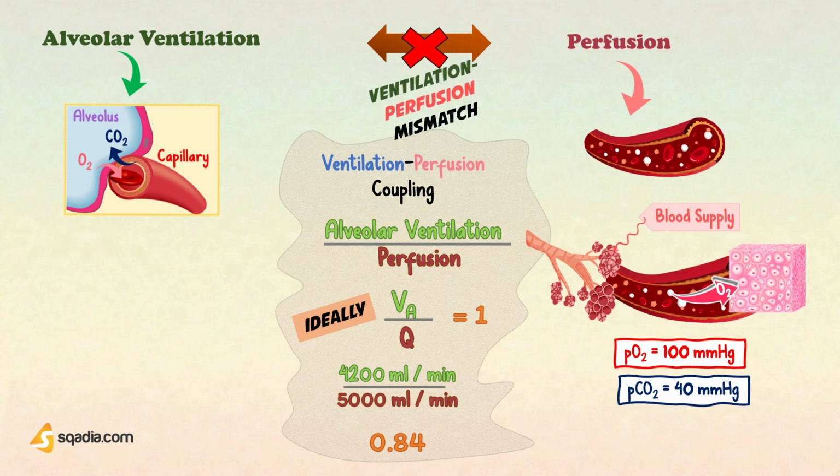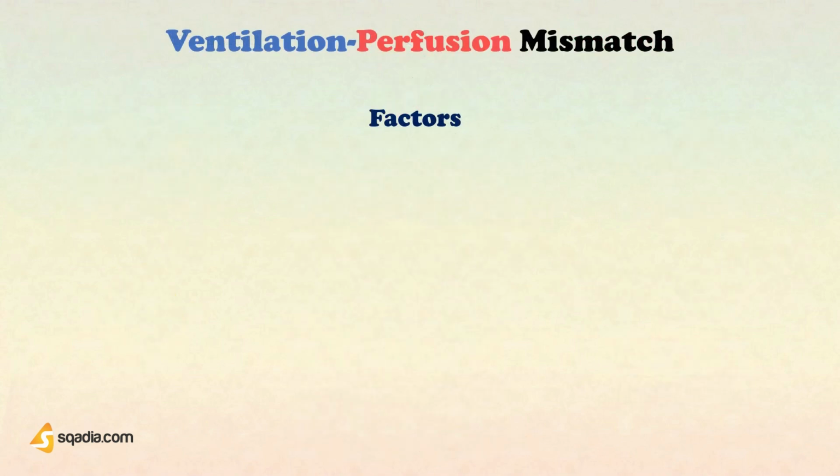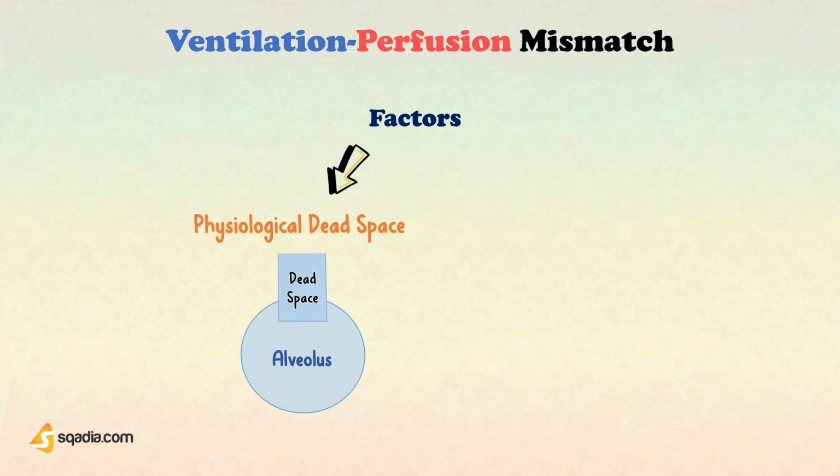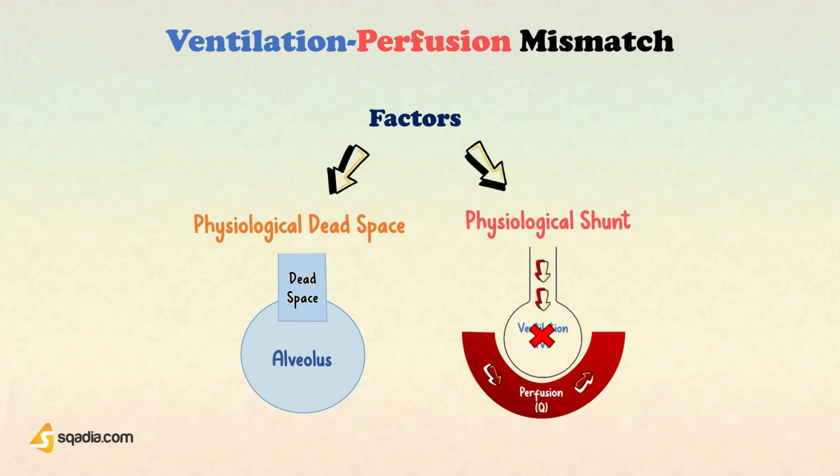Ventilation-perfusion ratio is not always perfect. But why is it so? Well, this is because of existence of two factors on either side of alveolar membrane. One of these factors is physiological dead space, which includes wasted air, while the other one is known as physiological shunt, which includes wasted blood.